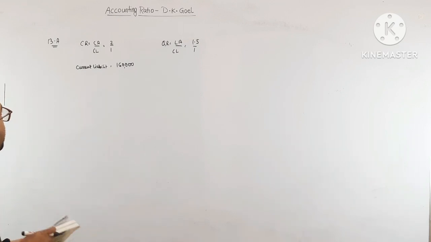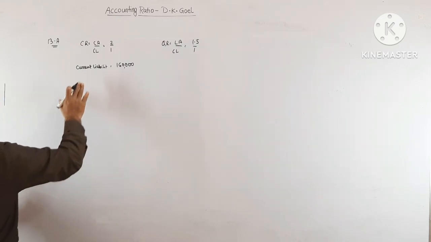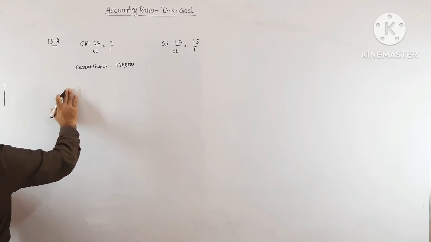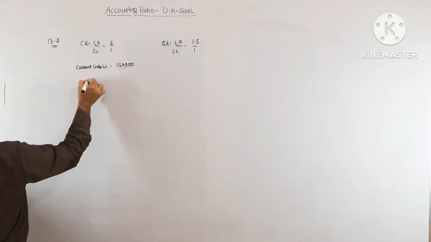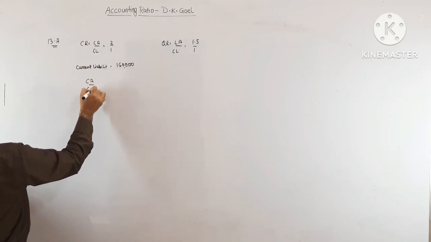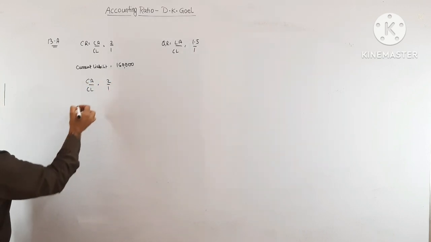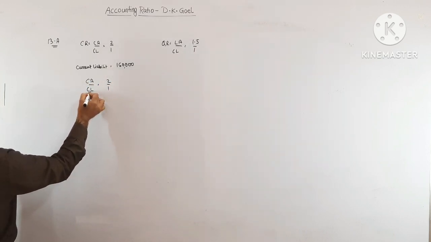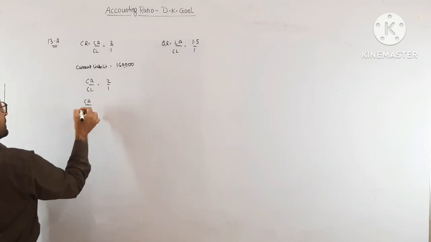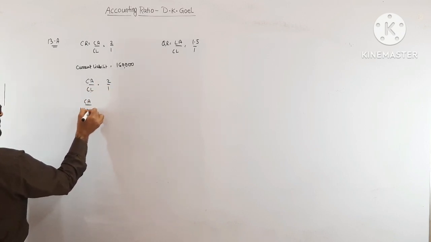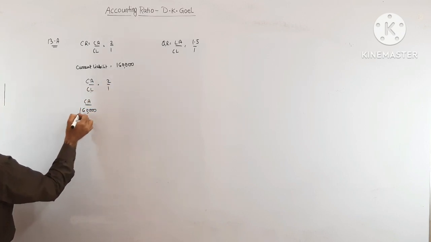The value of current liability is given as 1,60,000, so for now let us start with this. Current asset upon current liability is 2:1. So in the place of current liability we will write 1,60,000.